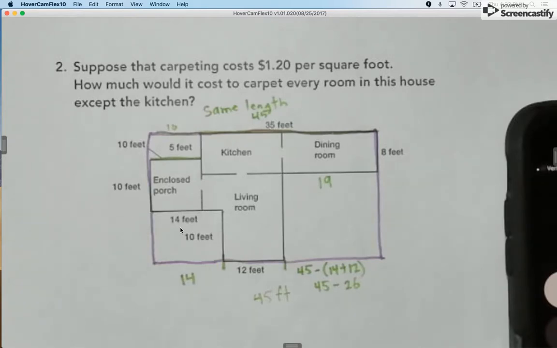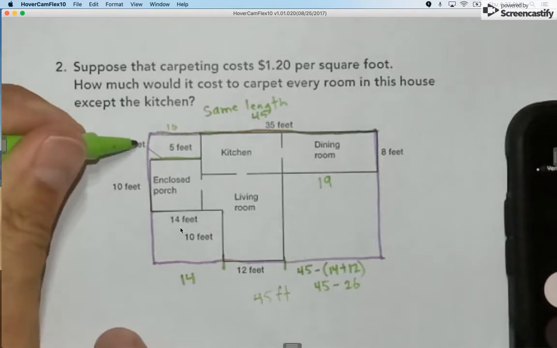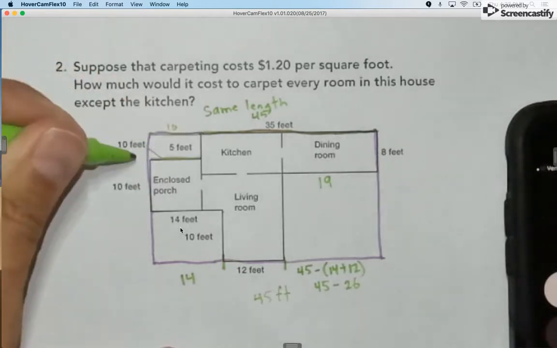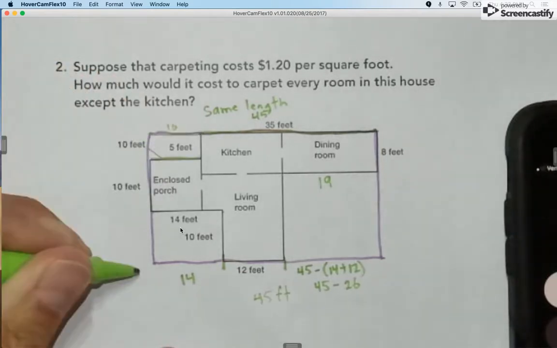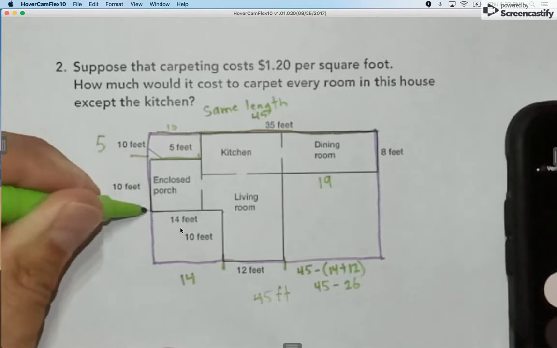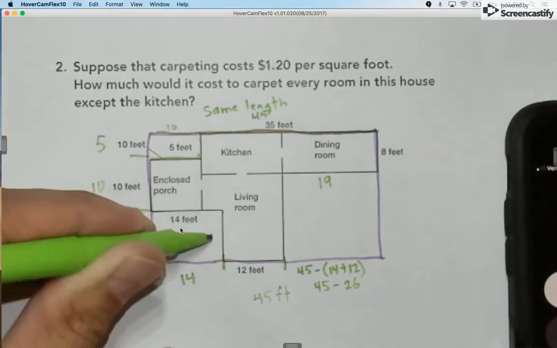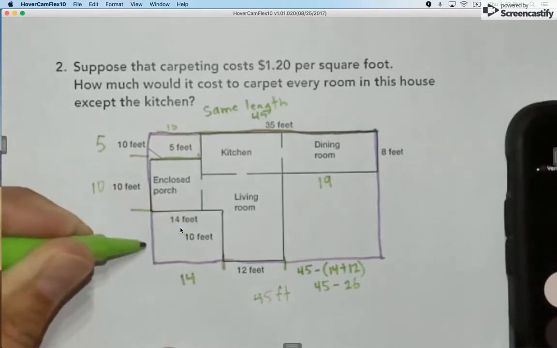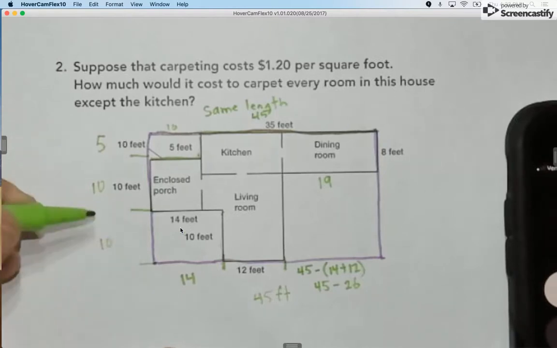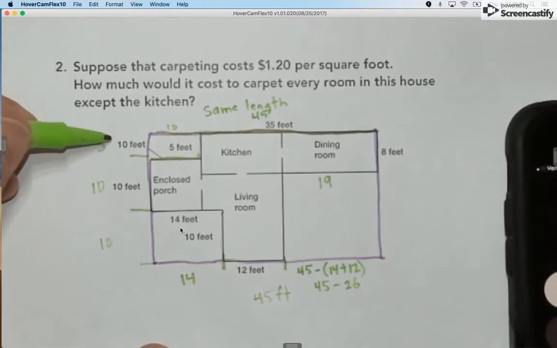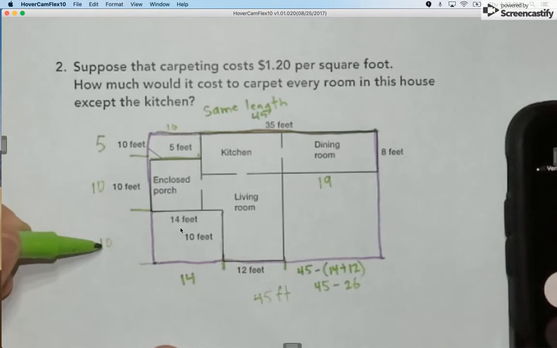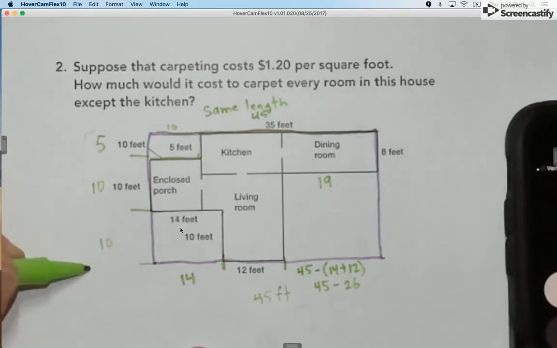Next, since this side, let's go this way now. We're going to go down. This is 5 feet here, from there to here. This from here to here is 10 feet. It says right here. This from here to here is 10 feet. So going this way, we have 5, 10, and 10, or this whole side is going to be 25 feet.